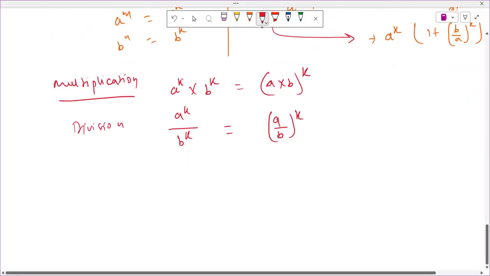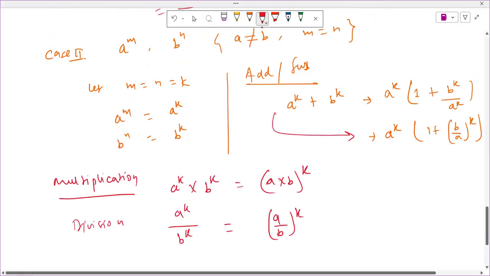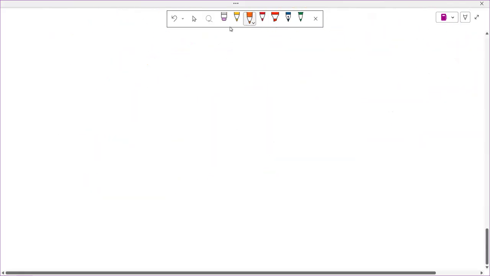Now let's discuss case 3. So you have two numbers, a to the power m, b to the power n, and the condition is what? a equal to b, but m not equal to n.